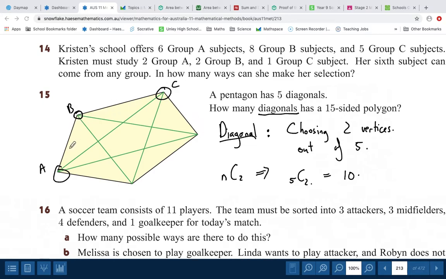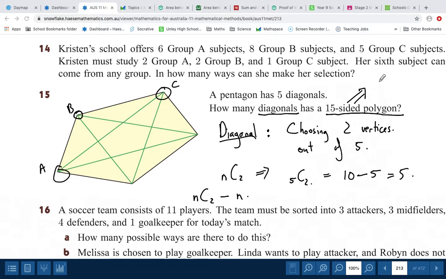So how many ways are there to make those choices between vertices that I don't want? Well, there's 5 of them, same as the number of sides, or same as the number of vertices. So I'd have to minus 5 to get the diagonals. Or with my more generalized formula here, I could n choose 2 minus n, right, where n is the number of vertices.